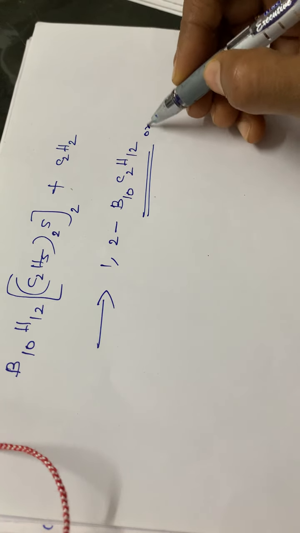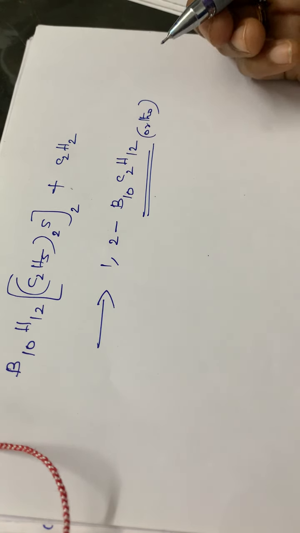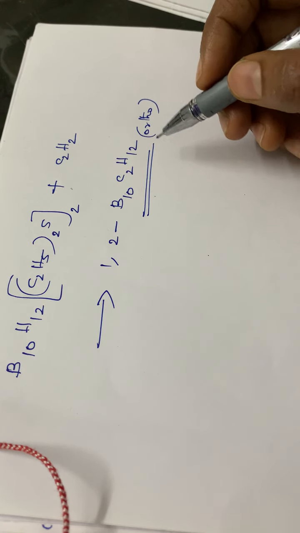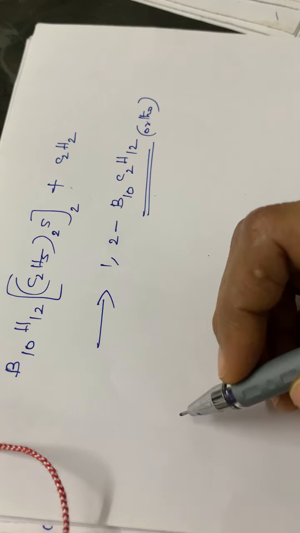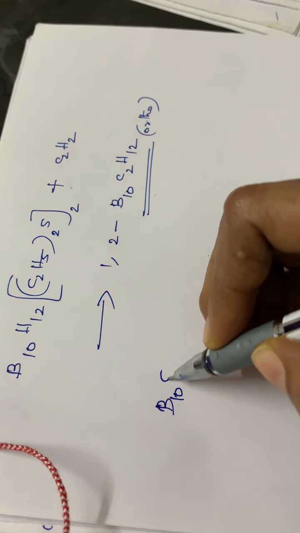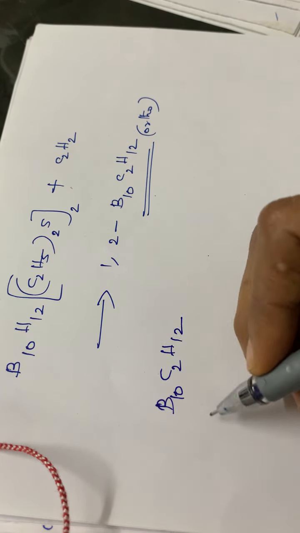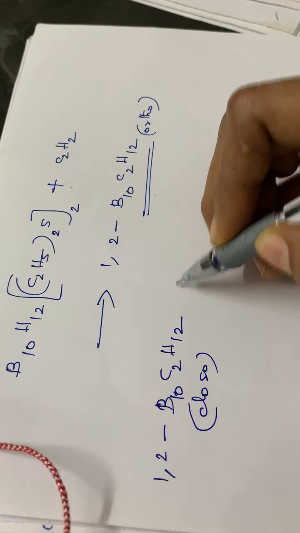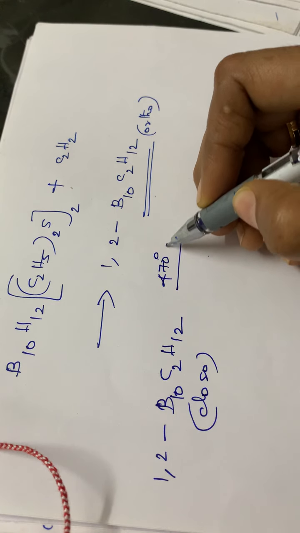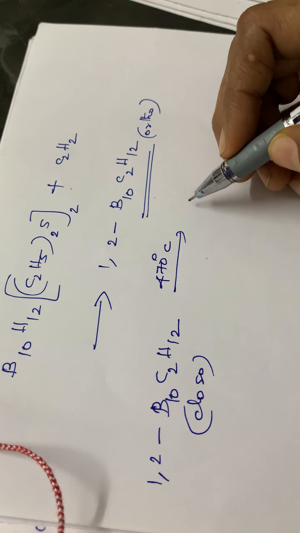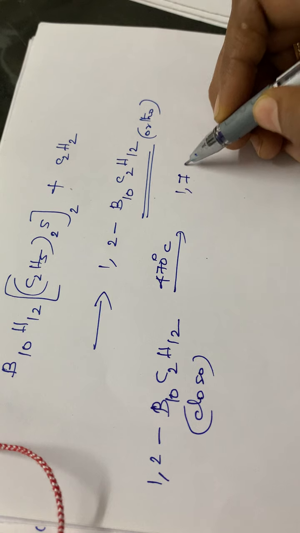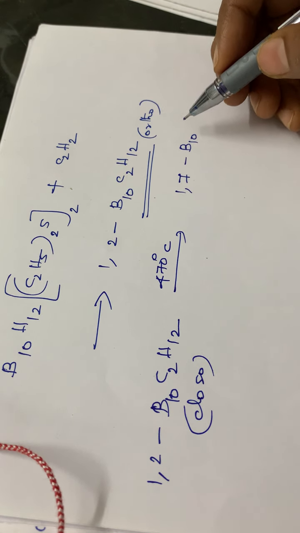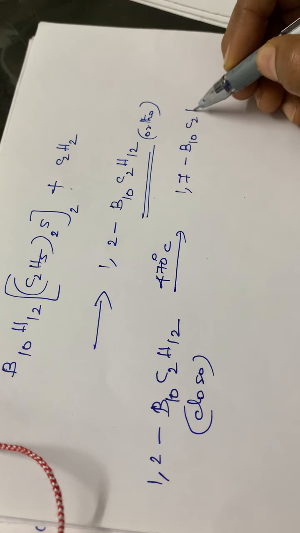This is the orthocarborane, the ortho isomeric form of carborane. Then again this B10C2H12, the clozo form, on heating at 470 degrees Celsius, we will be having the meta form 1,7, that is, we are obtaining different isomeric forms of this clozocarborane, B10C2H12.